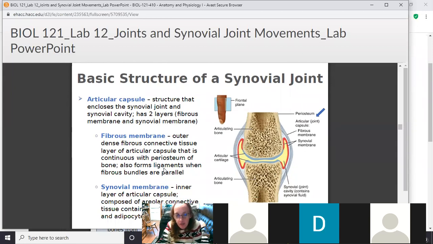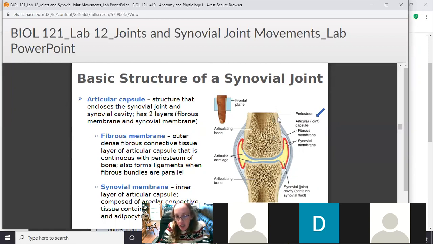The fibrous membrane is the outer dense fibrous connective tissue layer of the articular capsule. The inner membrane is the synovial membrane that secretes the synovial fluid into this cavity. The fibrous membrane is continuous with the periosteum.